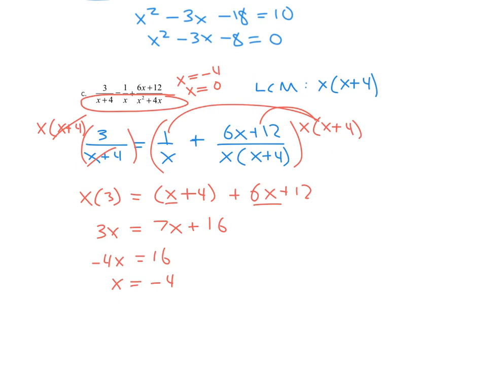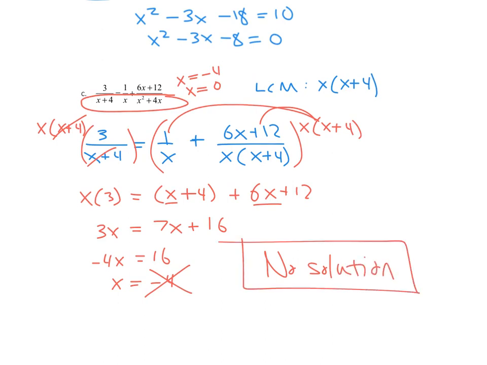And we got x equals negative 4 as our answer. So that means that it is a bogus answer. It's an extraneous solution. It doesn't work. So the one answer that we found is extraneous, and that means this equation has no solution. So you always want to check for extraneous solutions in rational functions.